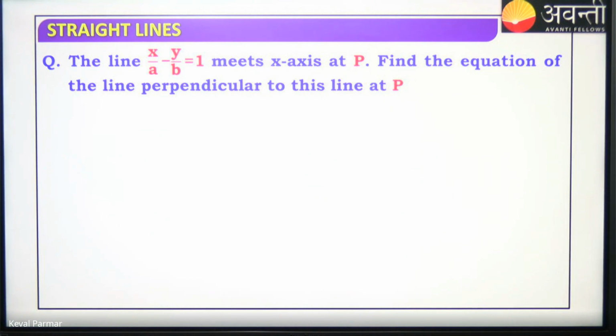We have to find the equation of a line perpendicular to this line. If you can't think of anything, let me give you a hint that we have to use slope point form. Whenever we have to find an equation and you can't think of anything, always try to use slope point form because it's the best way to get the equation of a line.